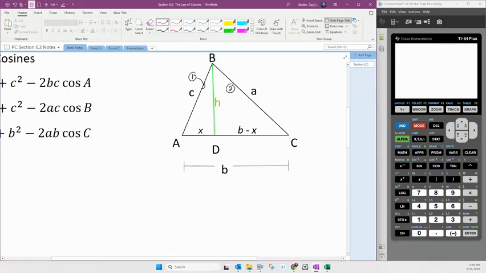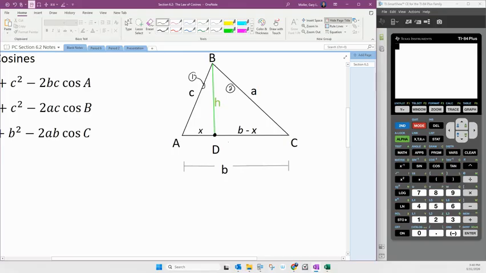So one thing I could do is I could write the Pythagorean theorem. Okay. Before we continue, I guess I should point out that the whole length of this AC side, of course, we know is B. And what I've done when I drop the altitude down, it's intersected at a point where I don't know. So I have arbitrarily said that it's X units away from A, and then that would leave the distance remaining as the whole distance B minus X. So in that way, I can kind of talk about each individual side length.